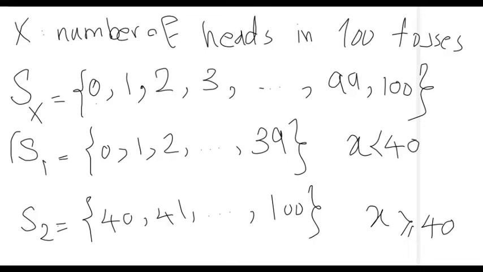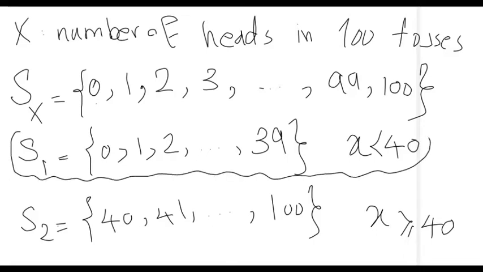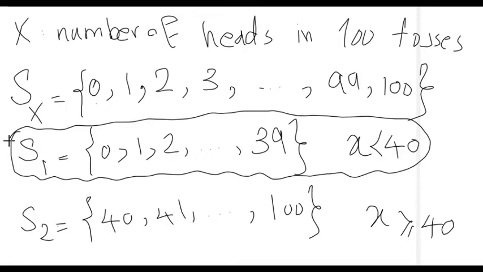We call this subset the rejection region, because for any values in this subset, we will reject H0. If we observe any of these values 0, 1, 2, 39, we will reject H0.